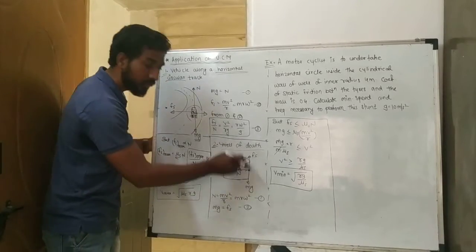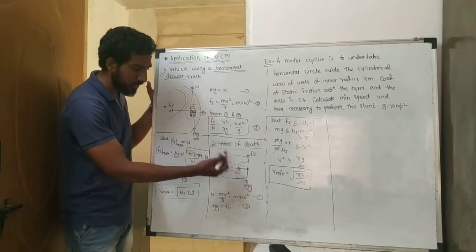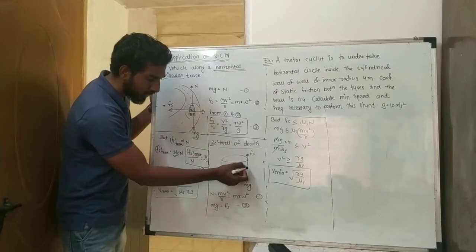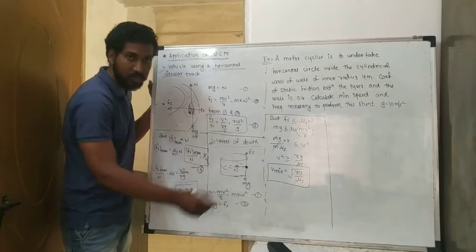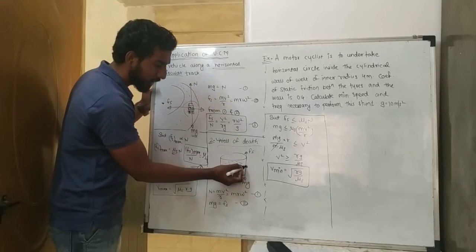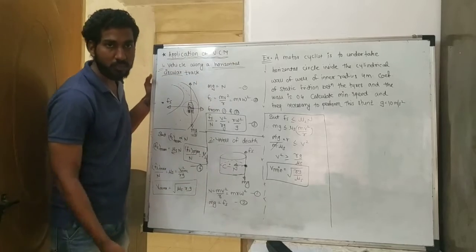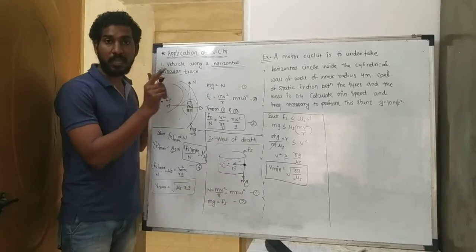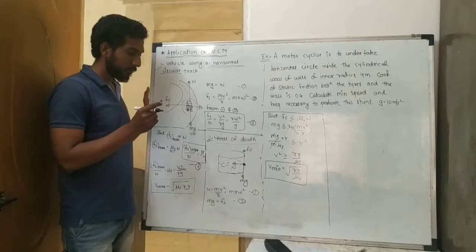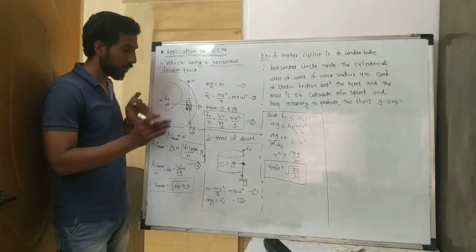Consider one cylinder, the well of death, and one motor vehicle continuously moving, as a point mass. Again there will be weight, mg, vertically downward. And remember one thing, students, I have told you that a normal reaction always lies perpendicular to the surface.